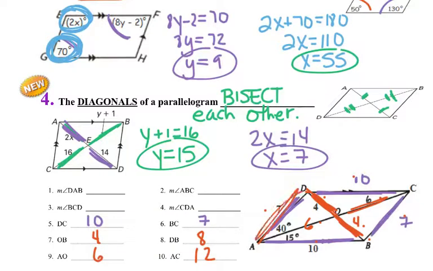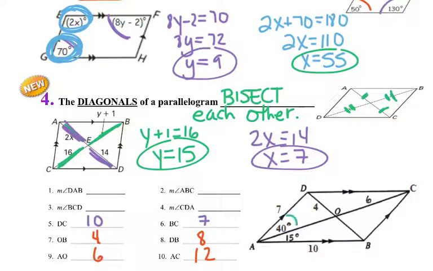I'm going to erase that now, and I'm going to do the angles, because the angles are a little trickier. So I see this 40 and 15 here. One thing I notice that you're going to see in a lot of parallelograms are the Z's. So there's going to be another 40 here, and similarly there's going to be a Z here for the 15 there.